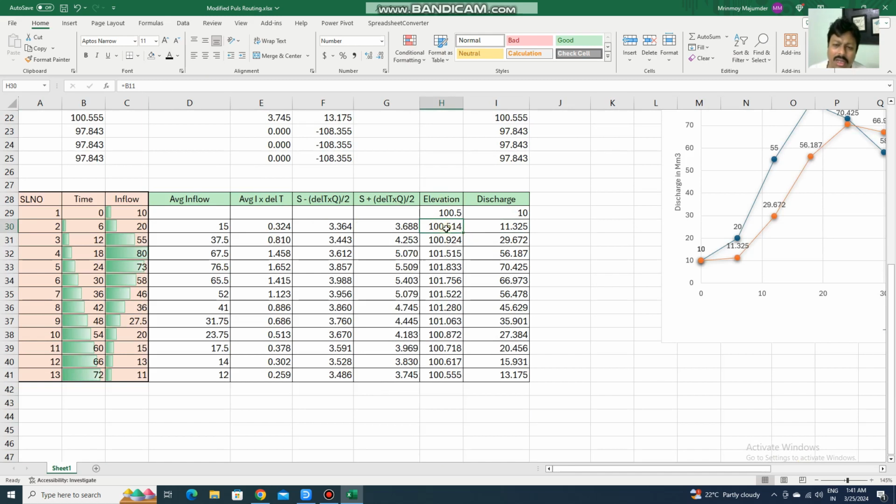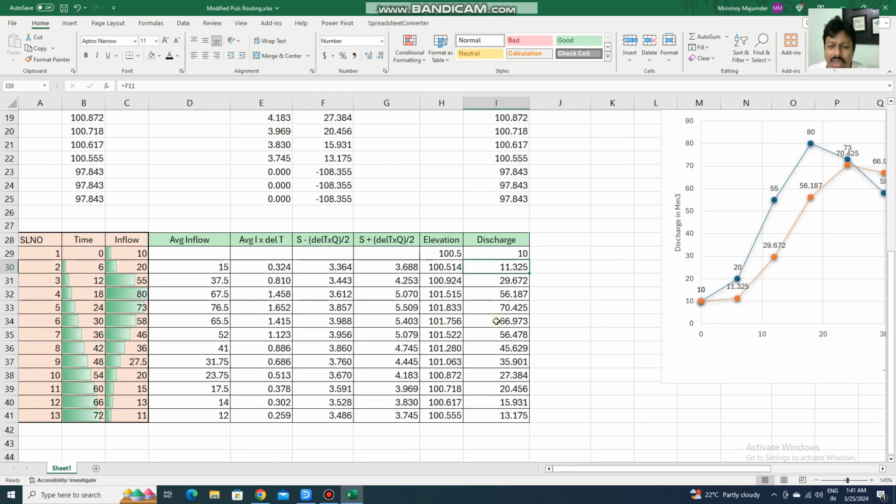So now multiply this discharge with the del T, the time difference, and subtract it from the RHS of the previous time step to find the S minus del T into Q by 2 of the current time step. This one, for the current time step.